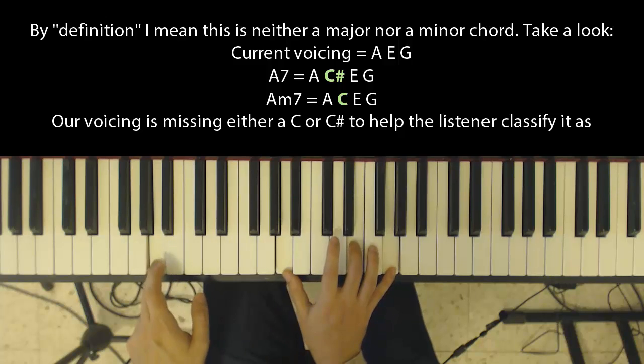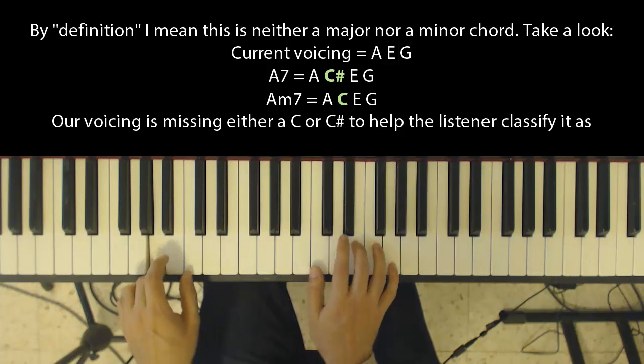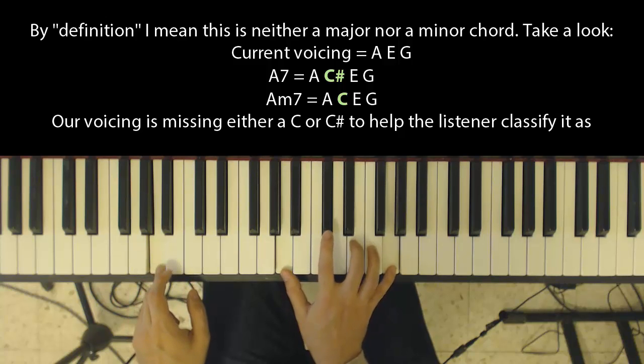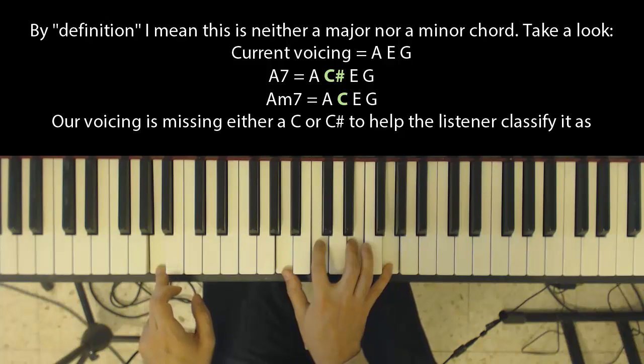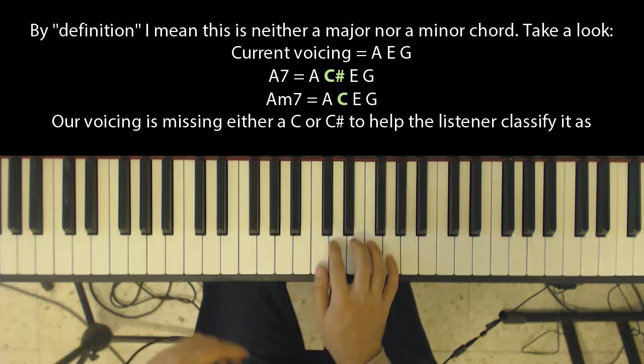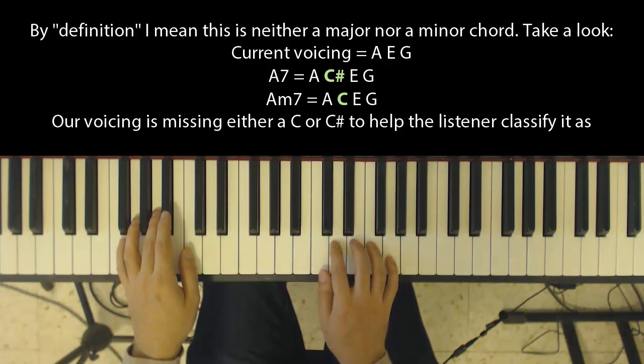It looks like an A minor 7th or an A major 7th. So we're just going to play one of these instead. So instead of playing this, I'm going to add either the major 3rd or minor 3rd. So I get two possible variations.